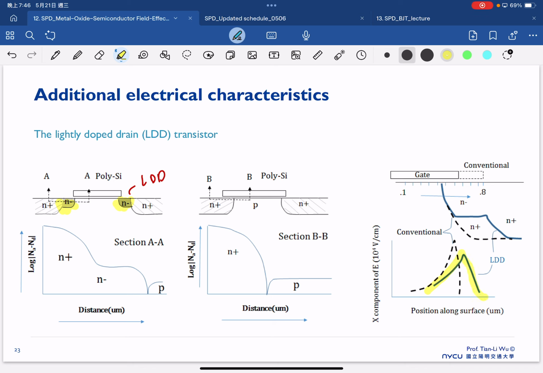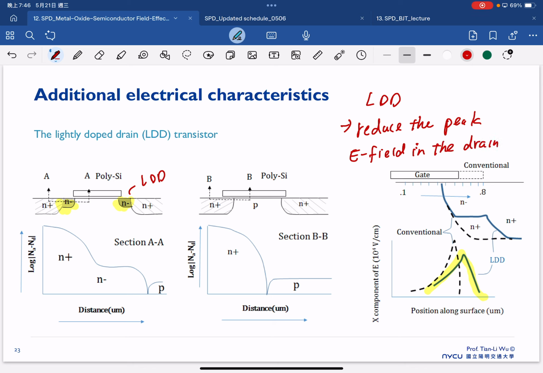So this is the result of the peak electric field in the LDD. The conclusion is that the LDD can reduce the peak E field on the drain side. So that's the LDD.